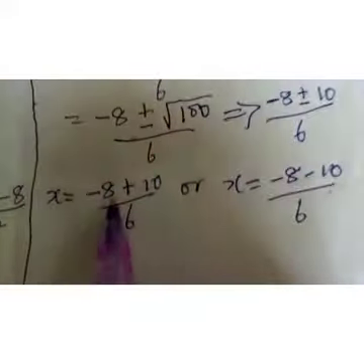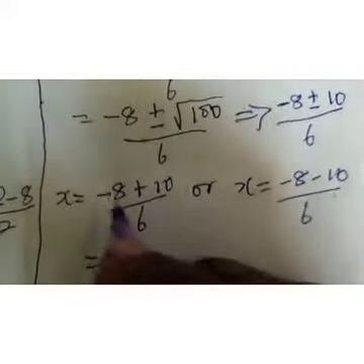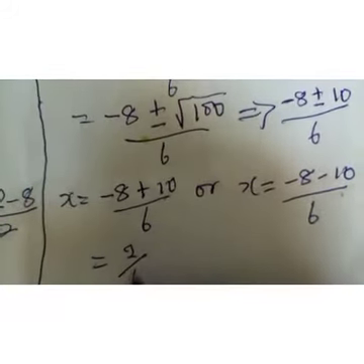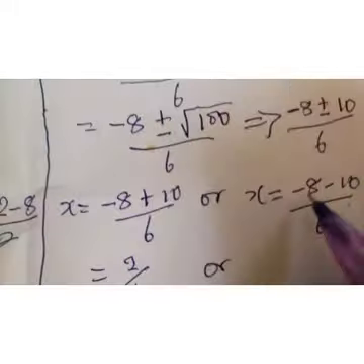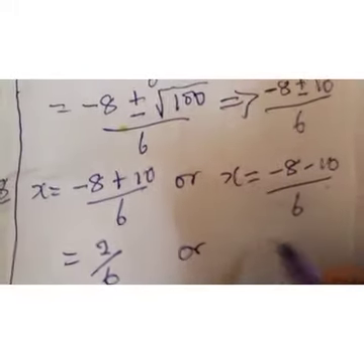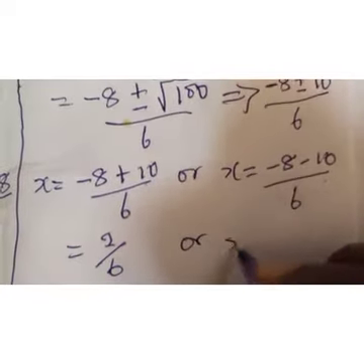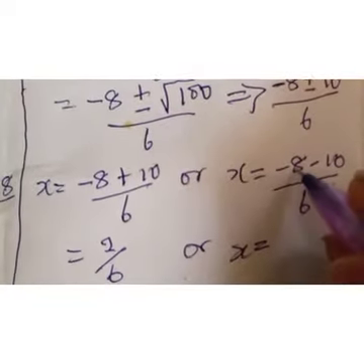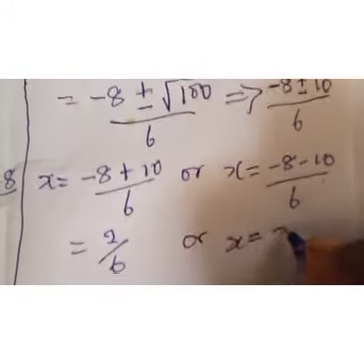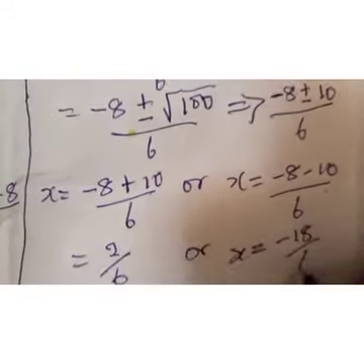So here it will be negative 8 plus 10, it gives you 2 all over 6, or negative 8 minus 10 all over 6, it will give us here now negative 18 all over 6.